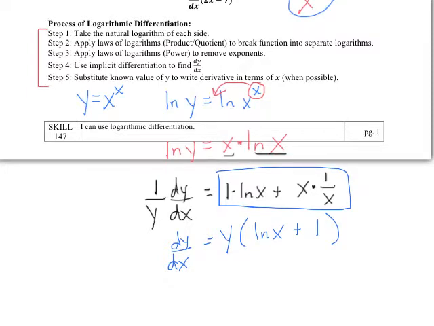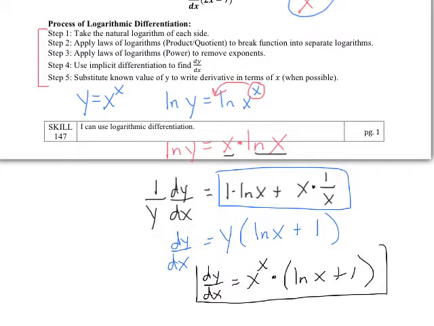And then we can substitute y back in. And since we knew y was x to the x, our dy/dx is equal to x to the x times the natural log of x plus 1. And there we have it. Logarithmic differentiation with a simple power problem.